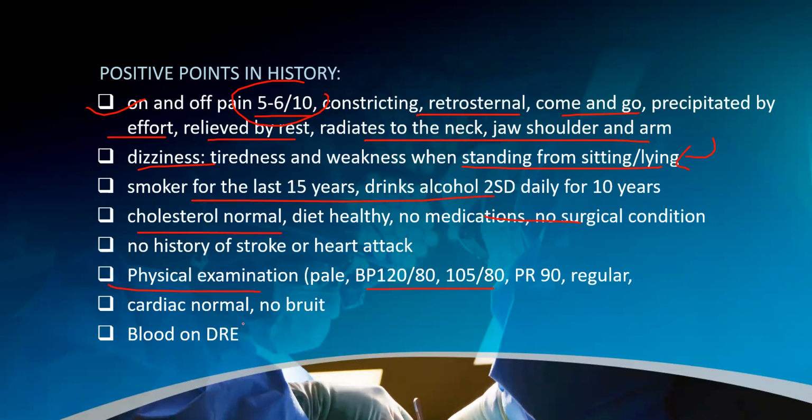Apart from that, everything is normal, but if you have done a DRE on this patient, you will find blood on your examining finger. Always remember, if someone is having angina, you should always rule out anemia as one of your differentials. Why? Because anemia itself can cause angina kind of chest pain.